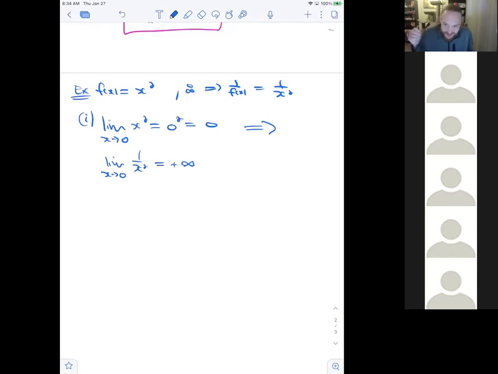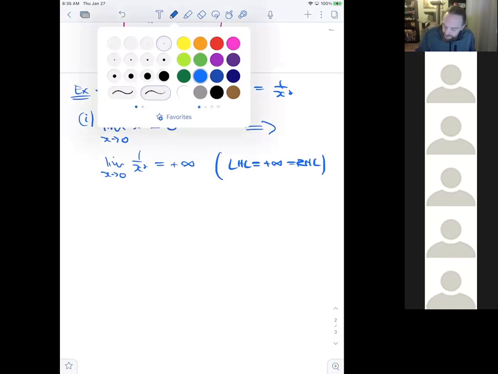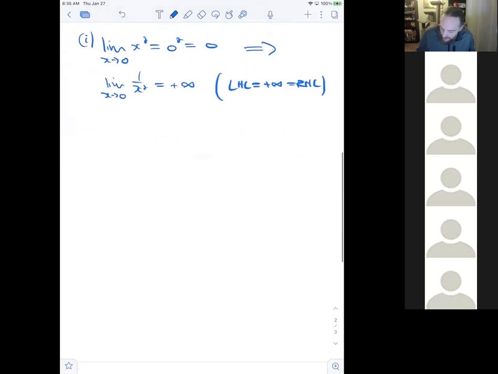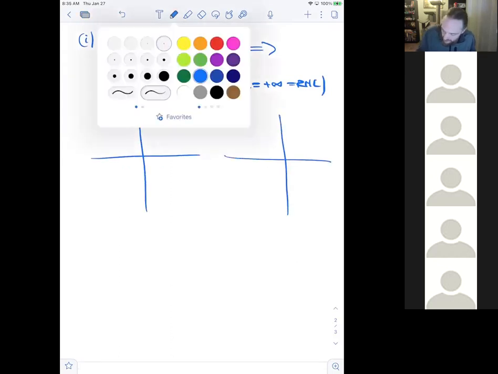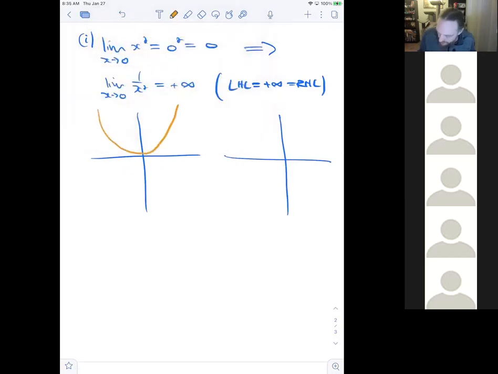I'm not checking the limits, but this is what it is. The left-hand limit equals the right-hand limit. So as I approach there, my limit is 0, and 1 over x squared as I approach 0 is going to blow up.